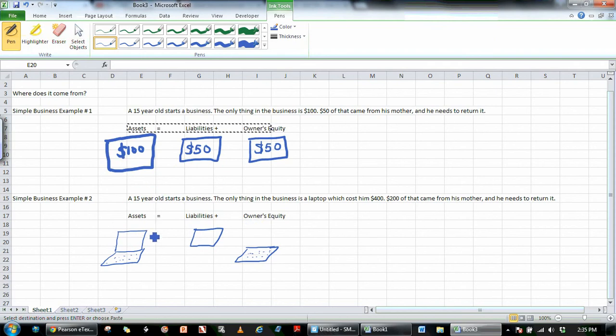So when you think of journal entries, many things could be happening in a journal entry. You may have one asset going up and another asset coming down, or one liability going up and another liability coming down.